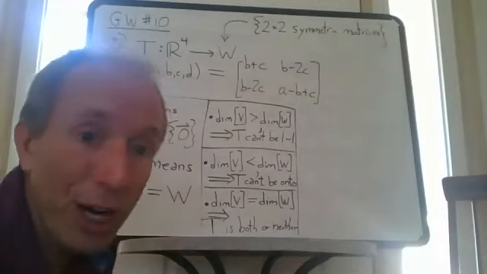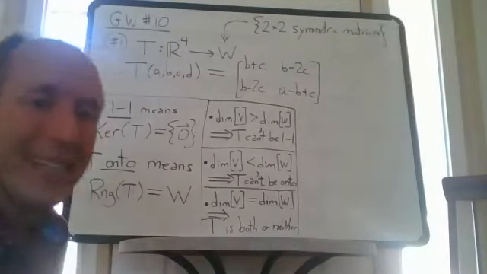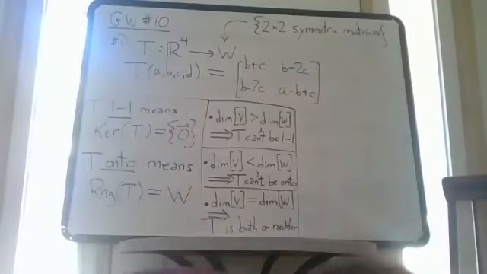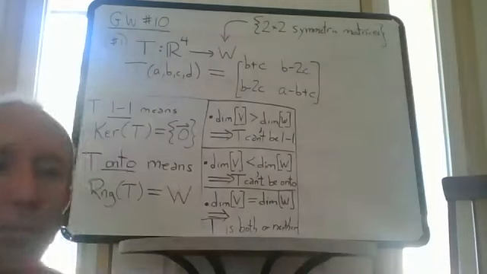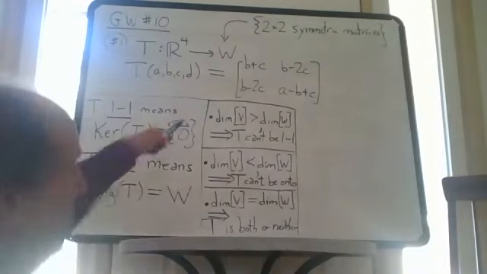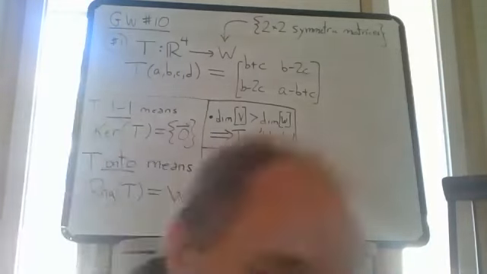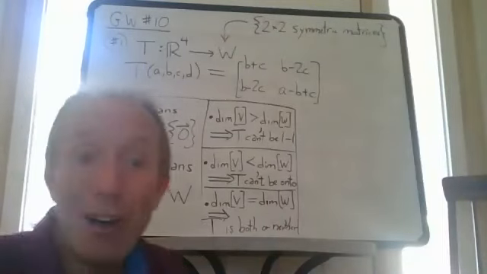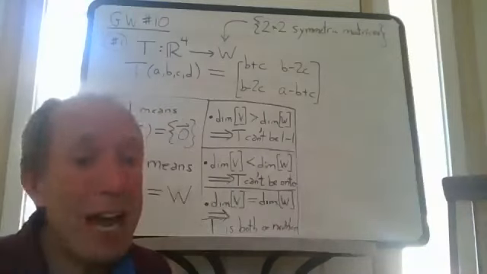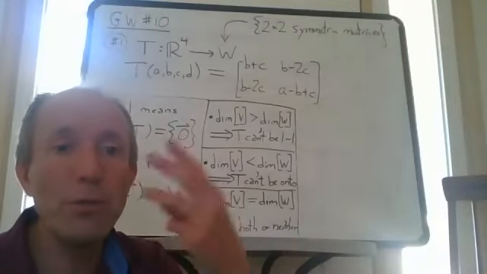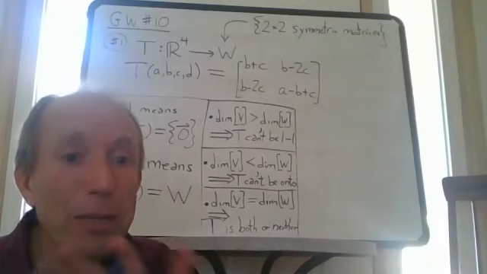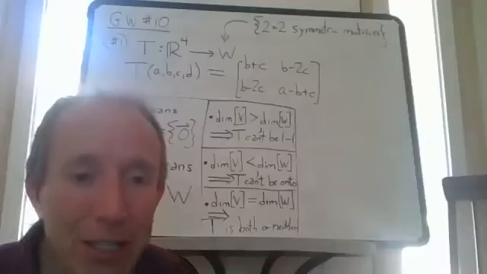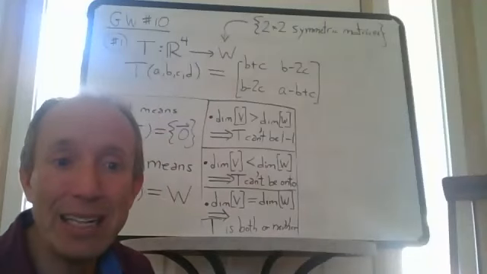So if it is 1-to-1, then yes, it will also be onto. If it's not 1-to-1, then it won't be onto. So the point I'm making with this little explanation is that if you know the dimension of V and the dimension of W, then when you run across a question like this, where I'm asking is T 1-to-1, onto, both, or neither, you'll be able to rule some things out right away, because you can just compare the numbers and make that decision.